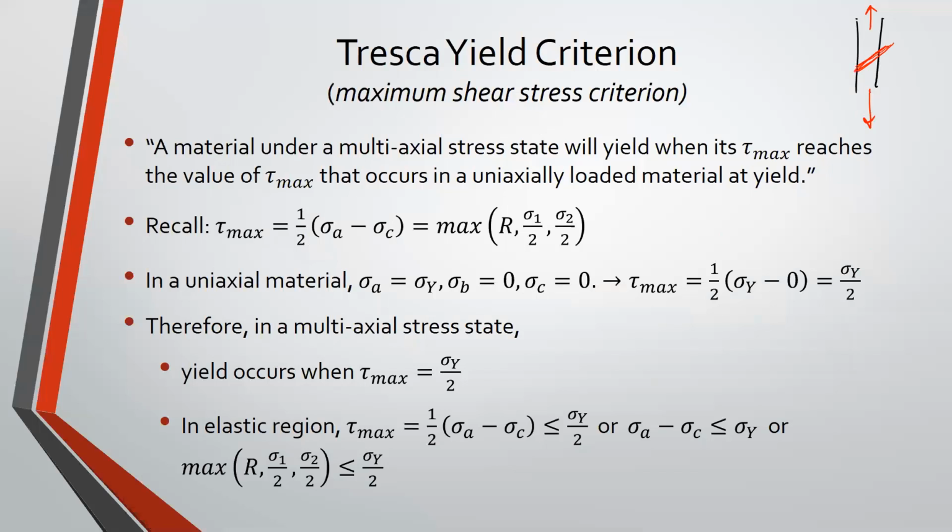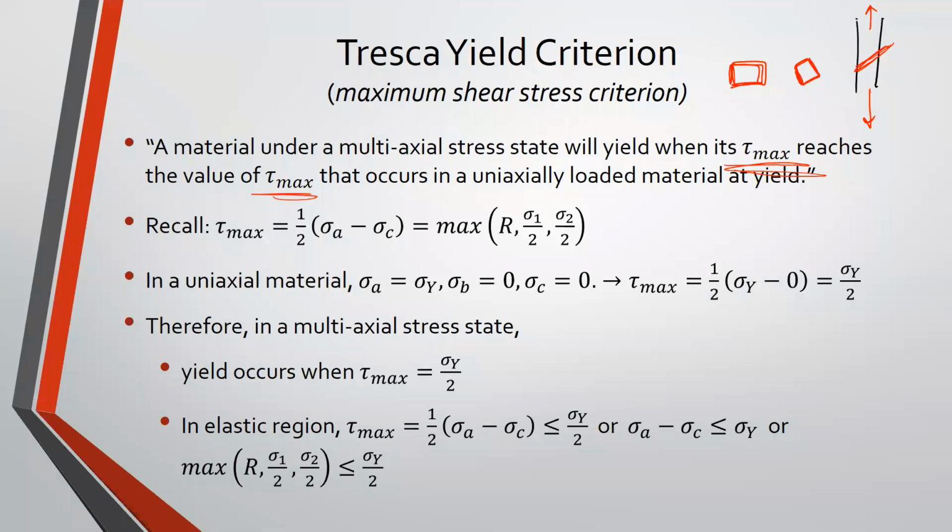But you can always relate it back to that normal stress, because you can rotate from this 45-degree element experiencing the maximum shear stress to this vertical and horizontal element experiencing the maximum normal stress. But according to Tresca, it's that maximum shear stress that is governing yield.